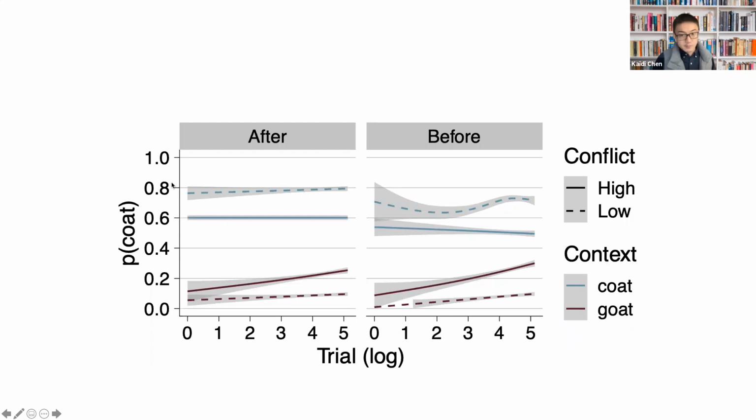And we did not replicate the learning over time effect. The percentage of code responses on the ordinal as a function now of trials from the beginning to the end of the study, a smaller context effect for a low conflict situation compared to high conflict situation.